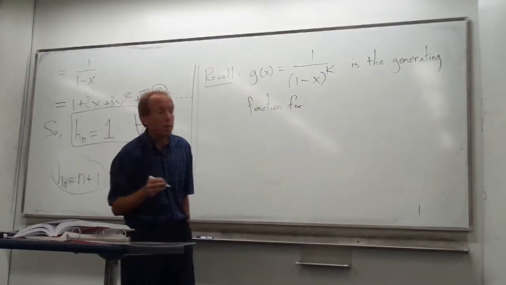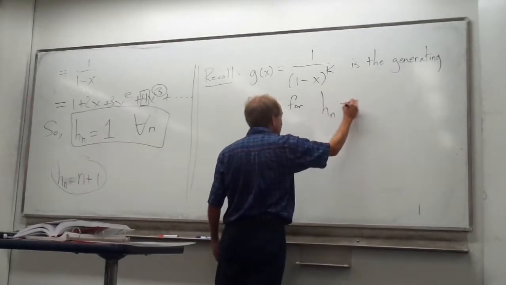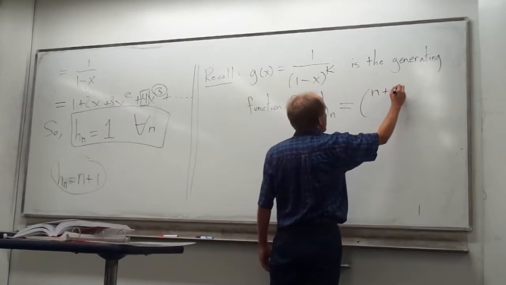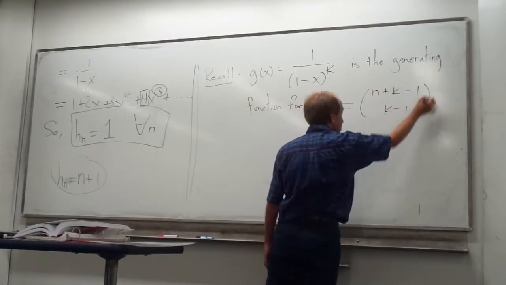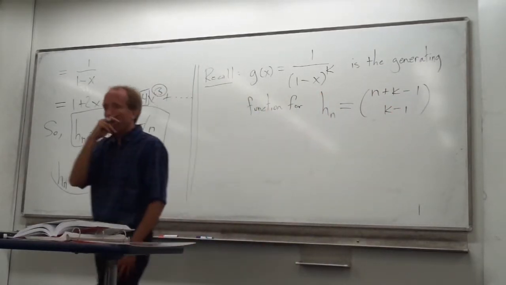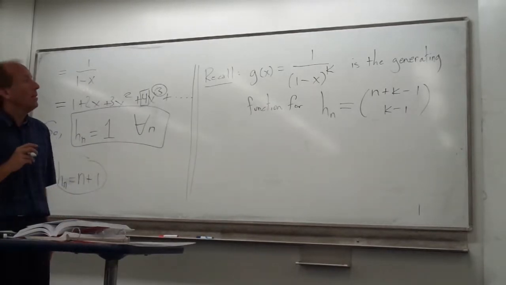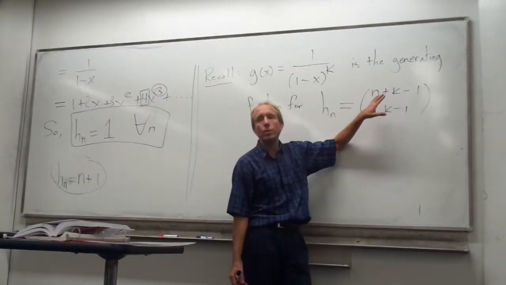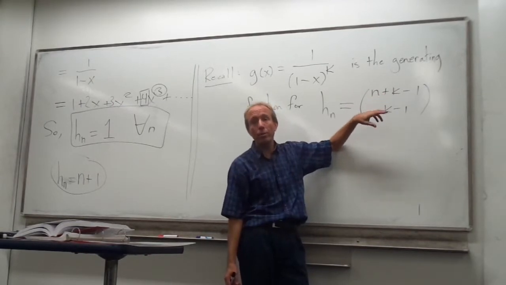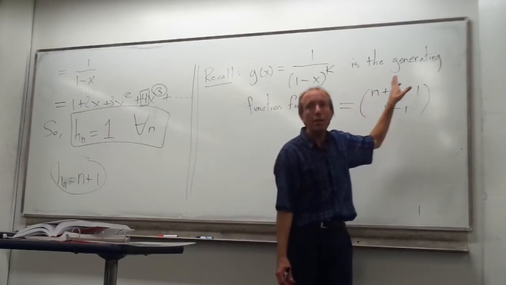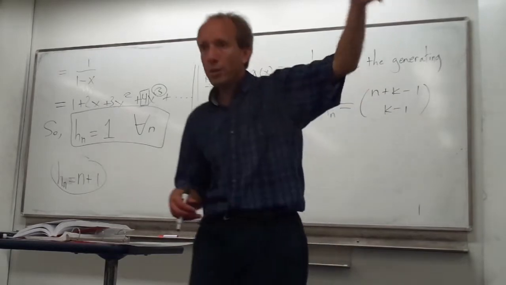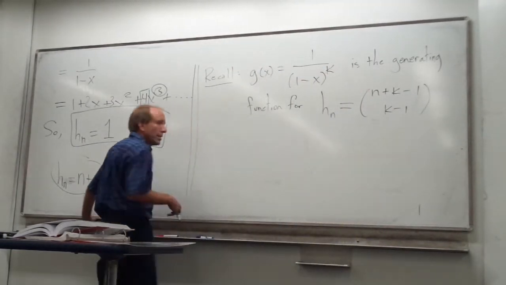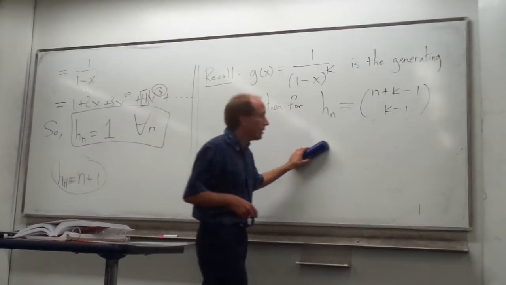Turns out that's the generating function for the following sequence, h sub n, namely n plus k minus 1 choose k minus 1. And this expression here is the number of solutions to a stars and bars problem where you have n stars and k minus 1 bars. So that's the context in which it came up in class, basically.